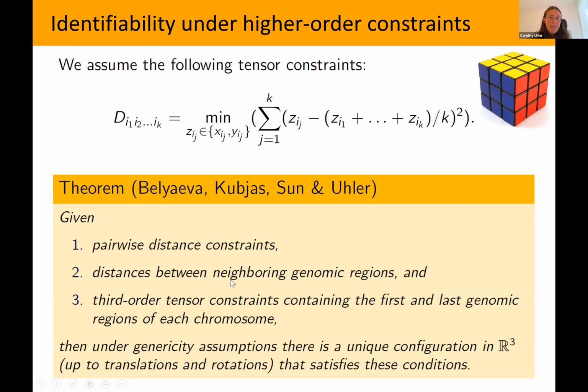But okay, go with all of them, but we don't need all of them. Then in fact, you can identify the 3D configuration of the genome. And we also have a nice convex optimization problem, how you can actually write this out. This also, of course, motivated us in terms of how we actually write out these higher order distance constraints so that it can be solved using a nice convex optimization problem.